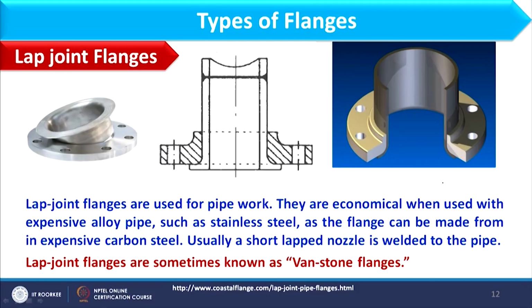And now I am having lap joint flanges. This type of flanges have two different sections. As you can see from this image, this is basically the disc and this is another section which we call the lap.